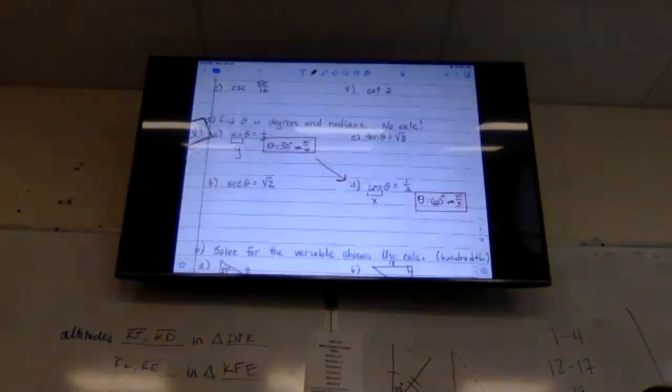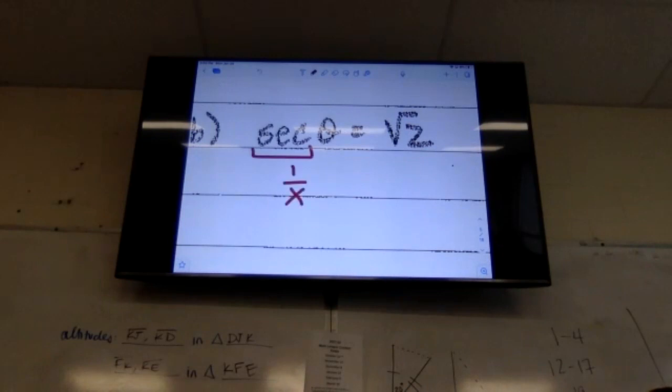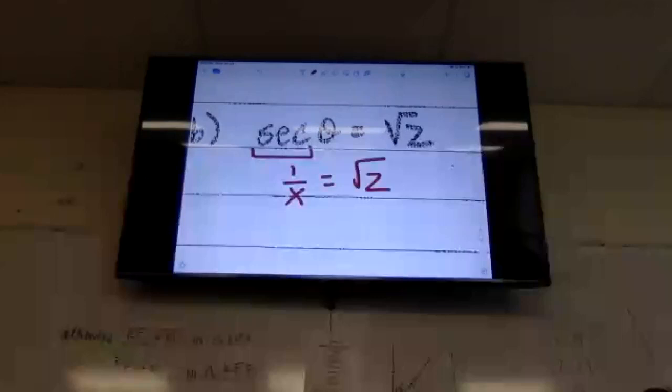The last two are a little bit different because we're dividing. Let's go do letter B. Let's do my secant first. So secant, what is that in terms of x and y? 1/x. So I want my 1/x to equal √2. I'm going to argue that there's only one option here that will work.